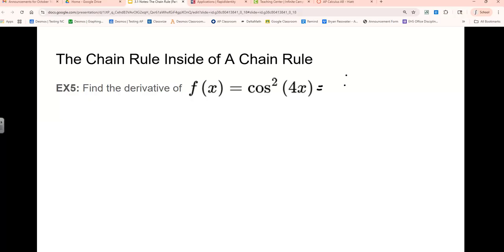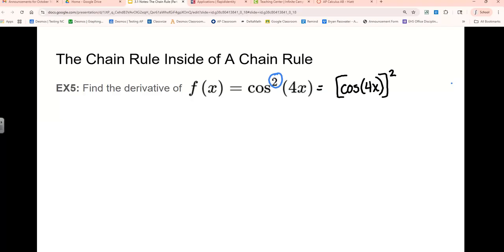This really means cosine of 4x to the second power. Right, so the common notation here is to use the square right here before whatever you're taking the cosine of. But what it really means is you're taking cosine of 4x and you're squaring that whole expression, right? So to me, it is much easier to rewrite it in this notation.